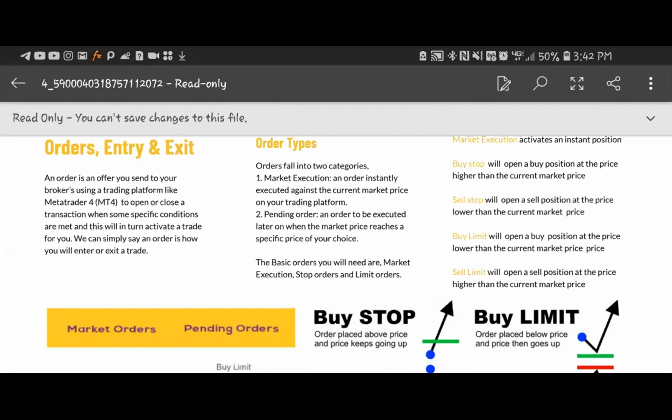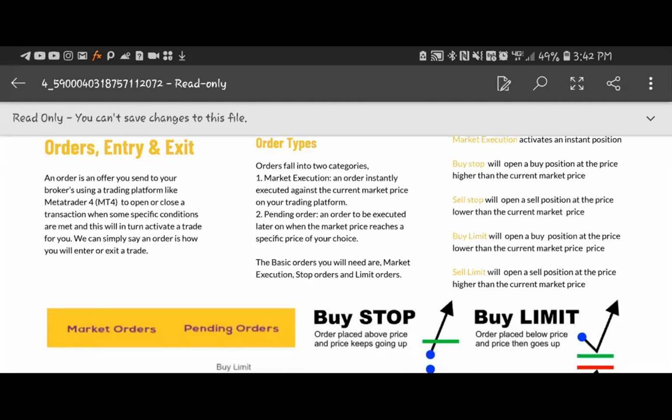Okay? So you set your buy limit at a price lower than the current market price, because why? Maybe you analyzed this trade and wanted to buy Naira at 470, and Naira is at 480 now. The market moves up and down. So there will be a pullback.